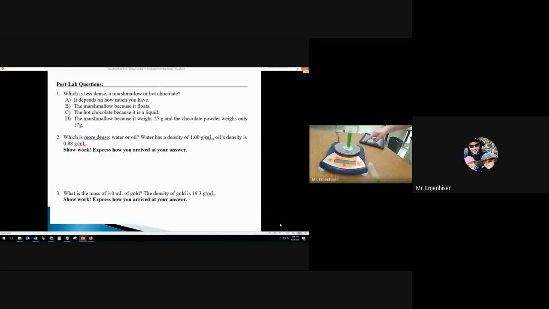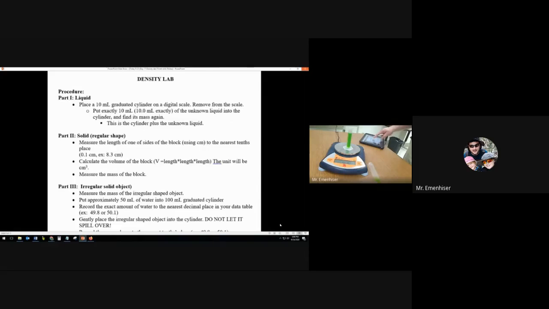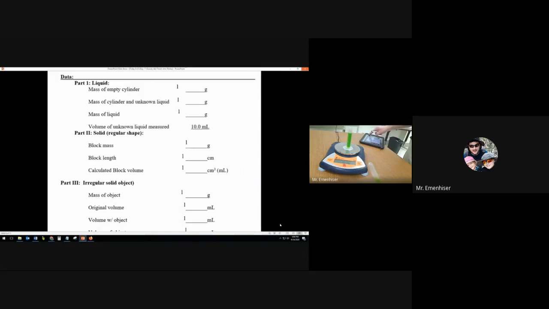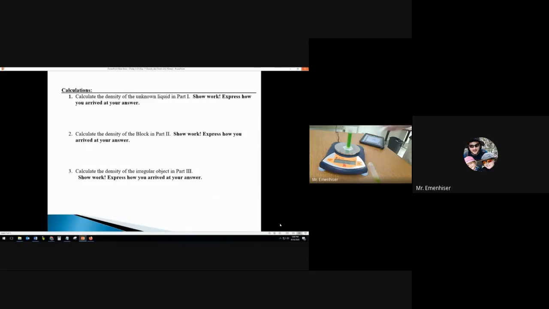All right, now we're going to calculate the... whoa, where am I going? Where are you going, dude? Okay, number 1, we're going to calculate the density of the unknown liquid in part 1. We want to show our work or explain how we arrived at our answer. I got my handy dandy calculator.